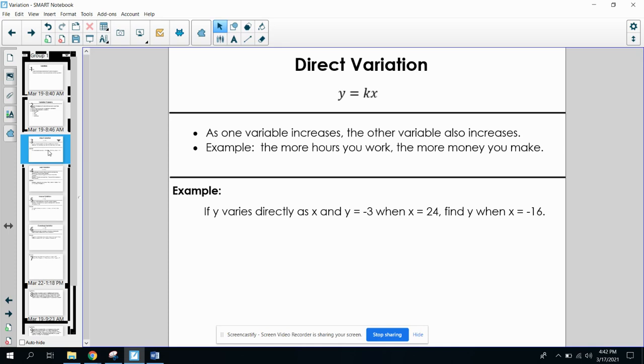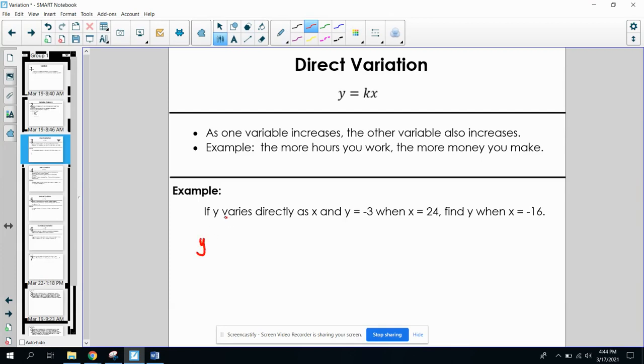So let's look at a simple example here. If y varies directly as x, and y is equal to -3 when x is equal to 24, find y when x is equal to -16. The first thing that we're going to do is write this as an equation. When we translate this into an equation, we have y.